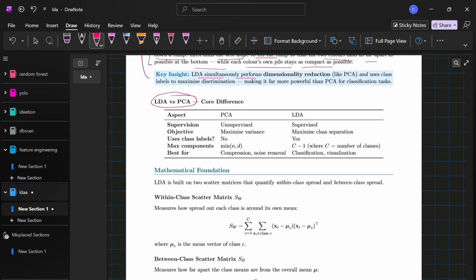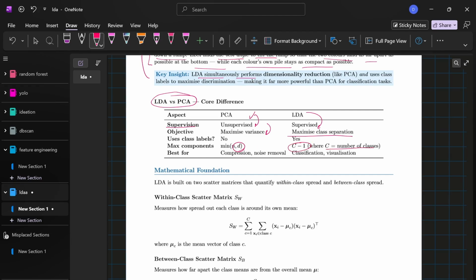Now let me put LDA and PCA side by side because this comes up constantly. PCA is unsupervised. It has no idea about your class labels. Its only goal is to find the direction of maximum variance in your data. LDA is supervised. It actively uses class labels to find the direction that can better separate your classes. PCA can give you up to D components, where D is your number of features.